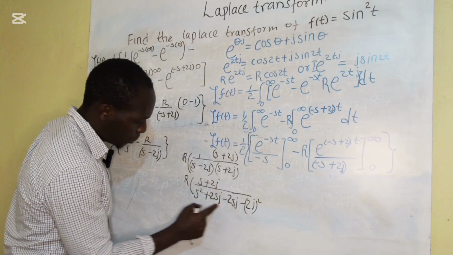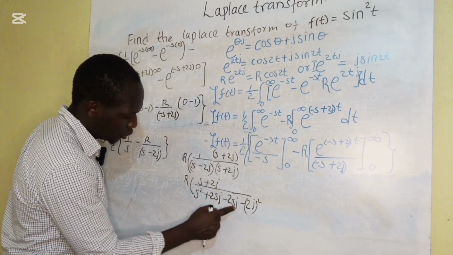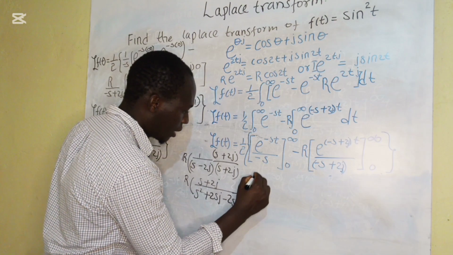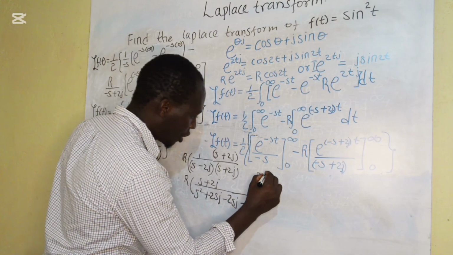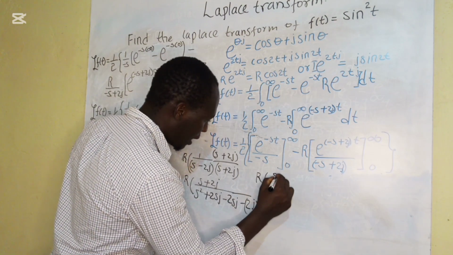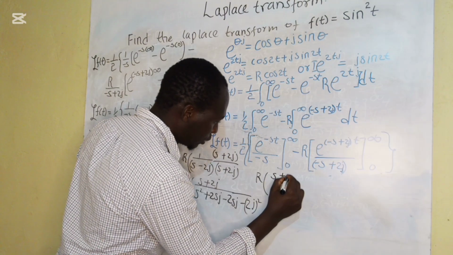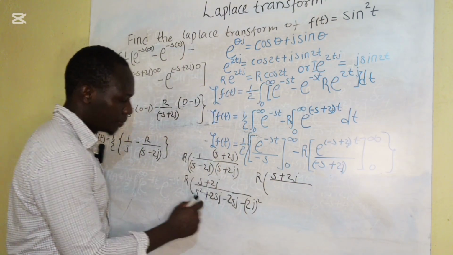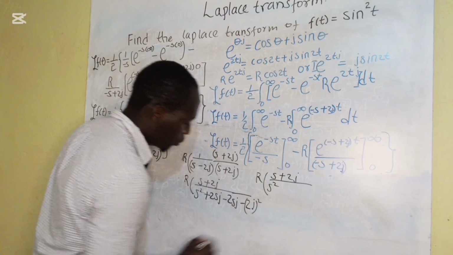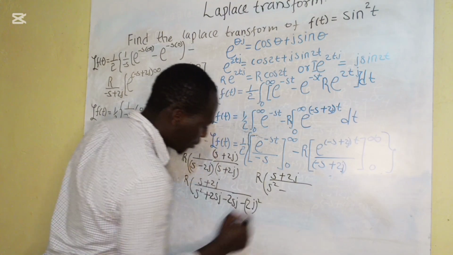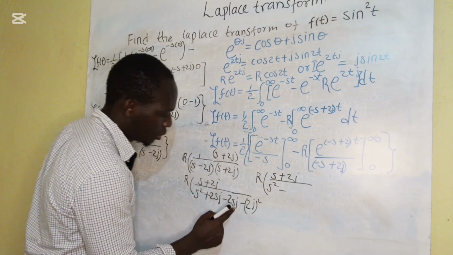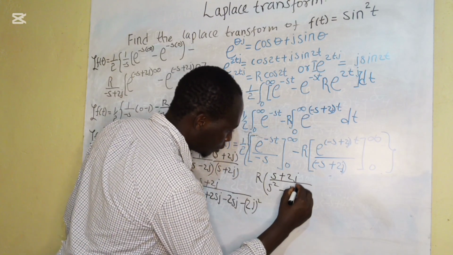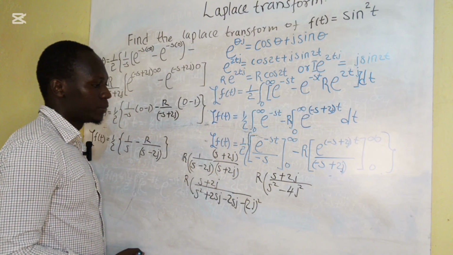At this point, on the denominator, these two are going to cancel out one another, and we are going to have r into s, we add 2j, all over s squared. We subtract, because these two are going to cancel out, j squared.